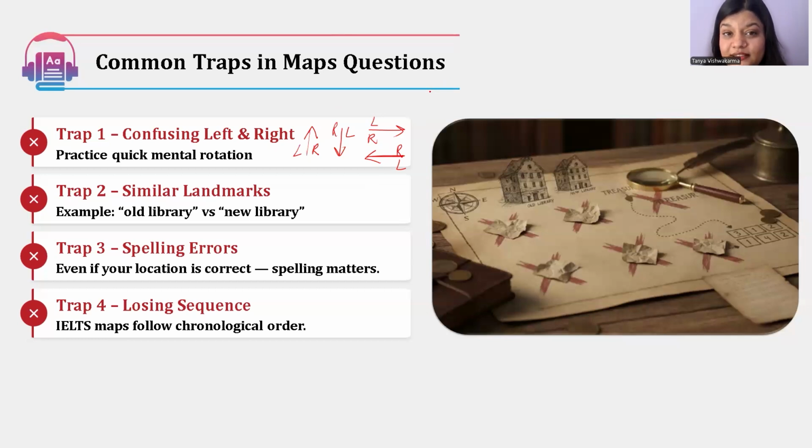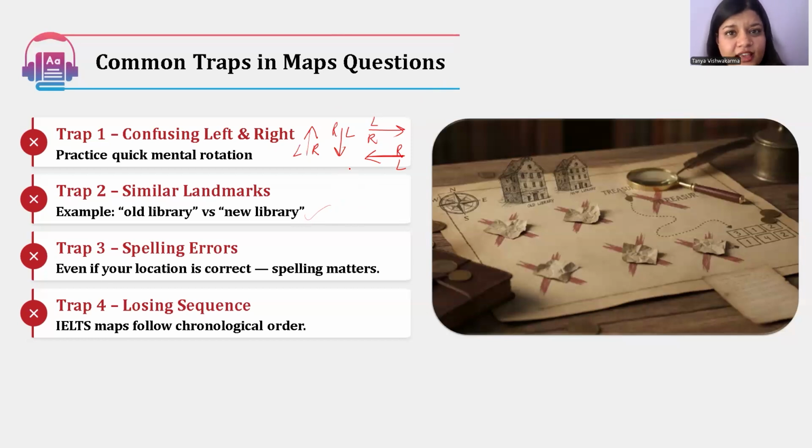Make sure you practice mental rotation. Next, similar landmarks: old library, new library. What usually happens is the speaker wants to distract you. In order to distract you, they are going to say certain things which are wrong in nature. For example, go along the straight path or go along the gallery.